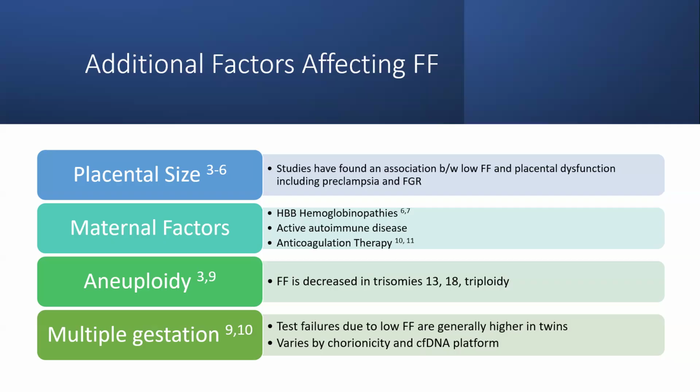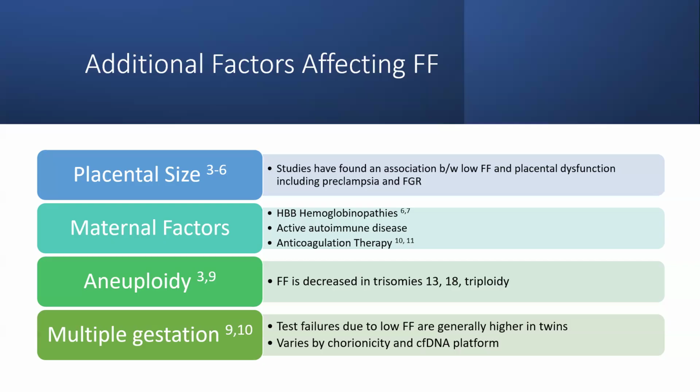Women with hemoglobinopathies, which could include sickle cell disease, beta thalassemia, hemoglobin C disease, also have this increased maternal cell necrosis or cell death, again diluting that fetal cell-free DNA. We know women with active autoimmune disease may also have lower fetal fraction, and then women who are on anticoagulation therapy, so women on Lovenox during pregnancy, also have lower fetal fraction.